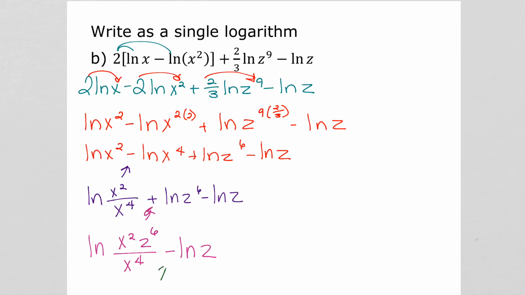And now we'll deal with the subtraction. Natural log of x squared times z to the 6th over x to the 4th divided by z. So that means the z goes on the bottom. And now we'll simplify.